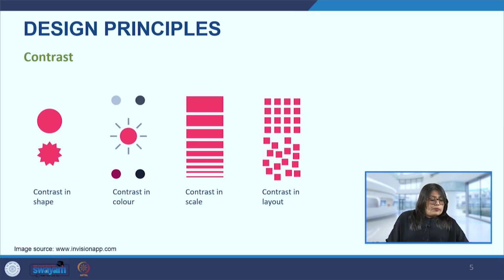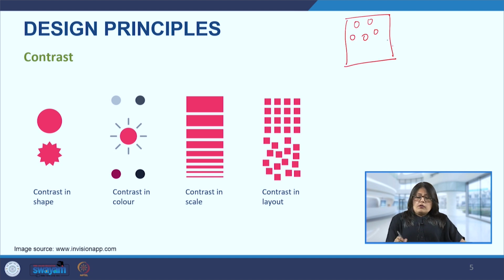If we see this diagram on the left, the contrast in shape. For example, in our picture plane, we have a lot of these circles, and somewhere we have this one shape. Of course, the focus will go to this contrasting shape among the other similar looking shapes. So that is how contrast can be very important when we are designing our page.